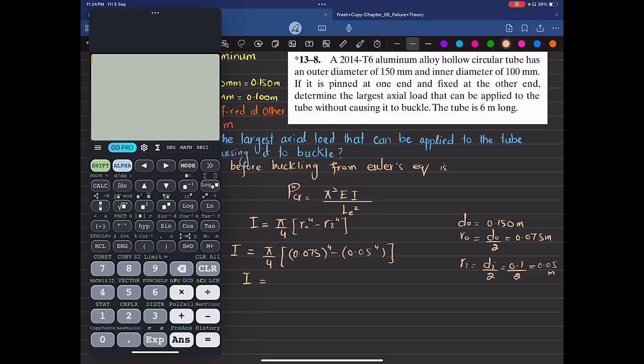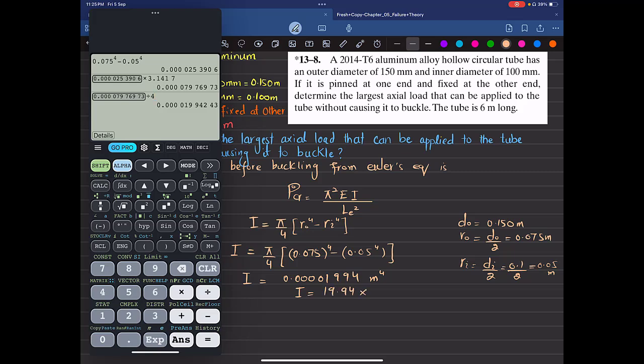That is 0.075 power 4 minus 0.05 power 4, multiplied by 3.1417, which is the value of pi, divided by 4, and that will be equal to 0.00019994, and the unit will be meter power 4. And we can write it like 19.94 times 10 to the power minus 6 meter power 4.